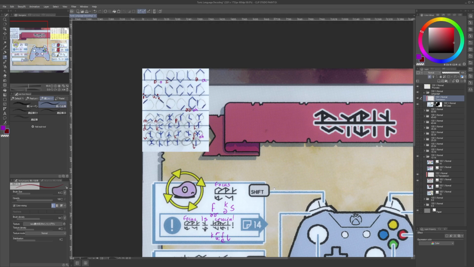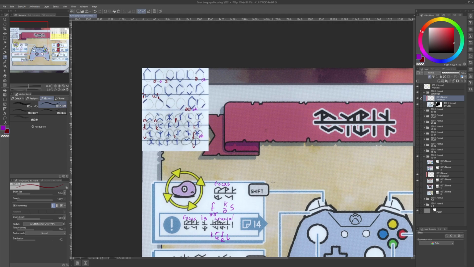And then Z is a backwards S. Makes perfect sense to me. Seeing the similarity between the actual letter and what's written is very good confirmation, I think. So this one is Z. Is, and then circle equals vowel, comma, consonant.